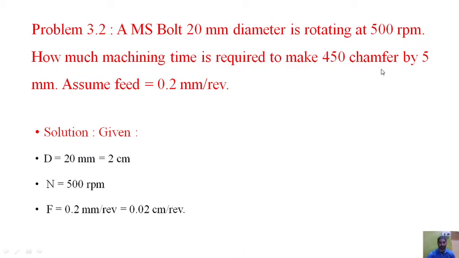So you have to make a chamfer operation here for a length of 5 mm. Feed is given as 0.2 millimeter per revolution. All these things you have to convert into centimeter. The diameter is given as 20 mm, so that will become 2 centimeter. RPM is 500. F is 0.2 millimeter per revolution, so that will become 0.02 centimeter per revolution.